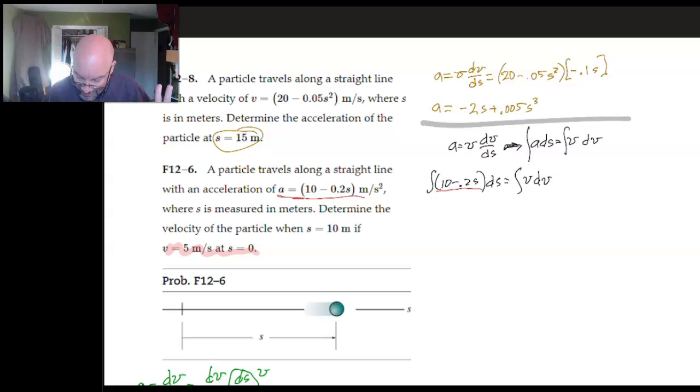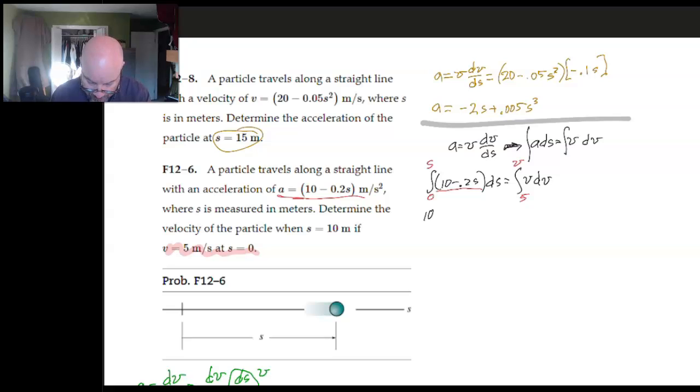That we can work with. So that's telling us we're going to have 0 here and a 5 over here on this side. We're going to go from position 0 up to some generic position s, so we can build a function. And then we go from 5 to some other speed v, and we'll leave it arbitrary. In the end we're going to have an equation that relates s and v. So let's work that out.